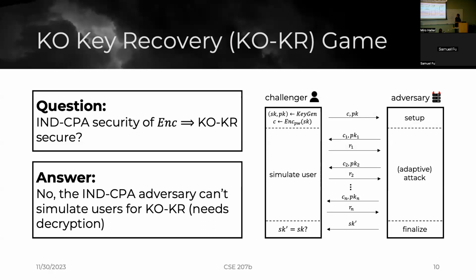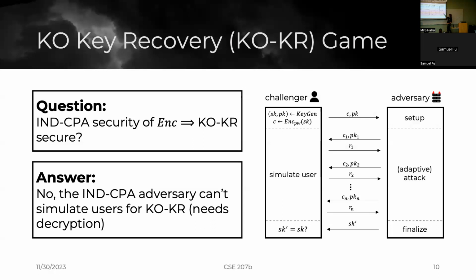The problem is that if the scheme is not KOKR secure, then we have an adversary that breaks KOKR security, and we want to use this to build an adversary that breaks IND-CPA security of the encryption. But for that, you need to use this KOKR adversary as a subroutine.